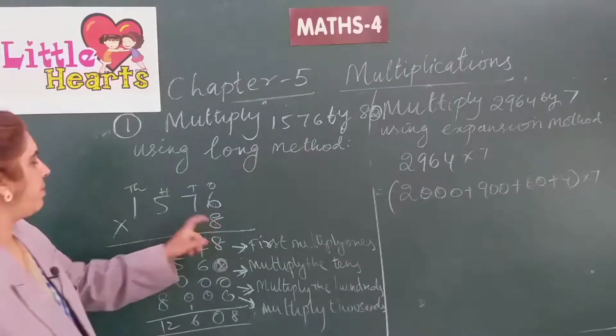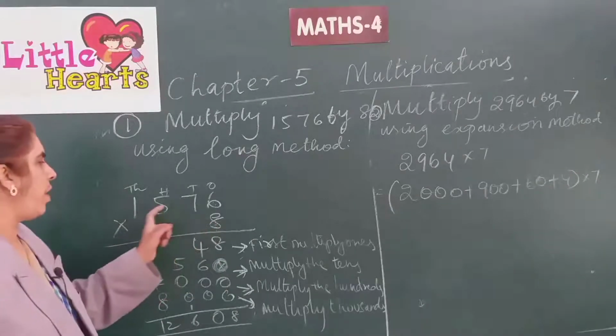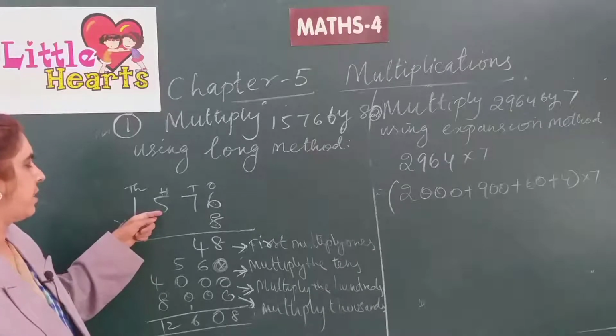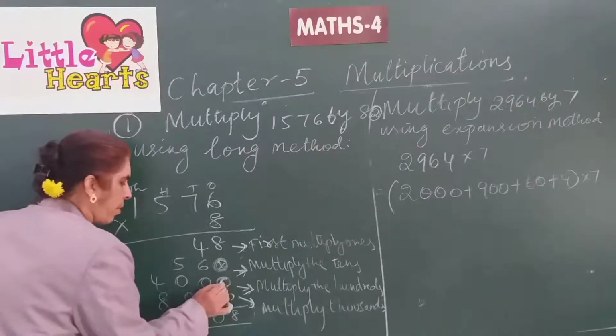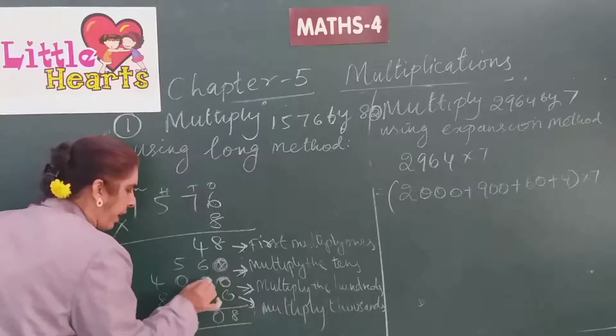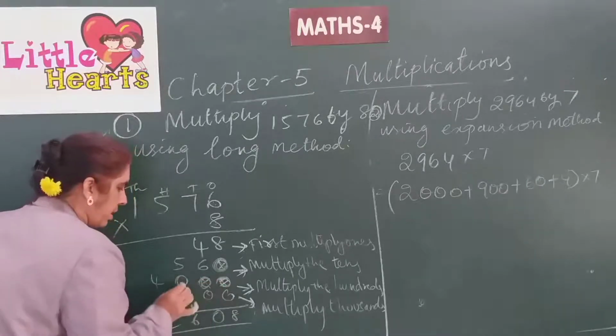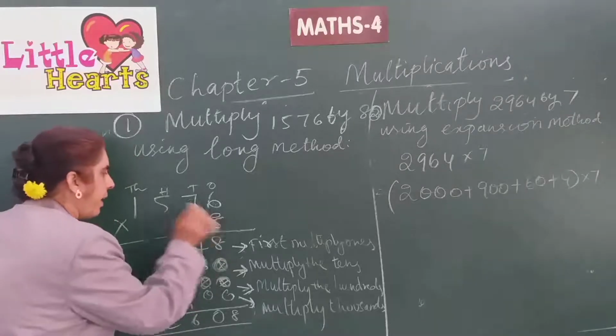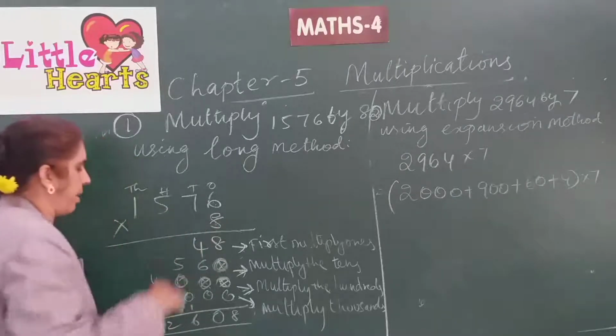Next, multiply the hundreds. 8 fives are 40. When you multiply the hundreds place digit, you have to keep ones and tens vacant. Start putting below hundreds. 8 fives are 40. 0, 4 here.